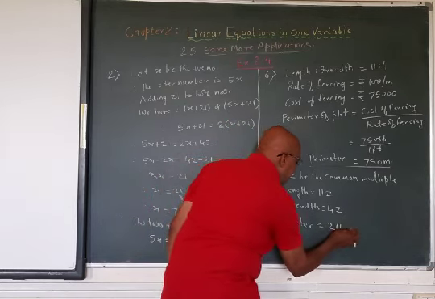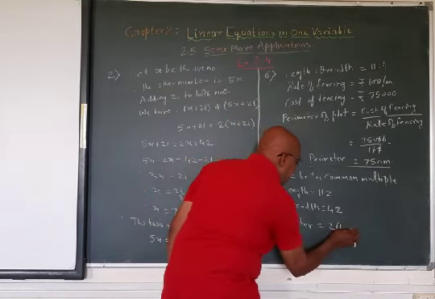Therefore, I will take the right hand side toward left. 30z equal to 750. Therefore, z equal to 750 upon 30. 0 gets cancelled, 25 we will get. Therefore, z equal to 25.